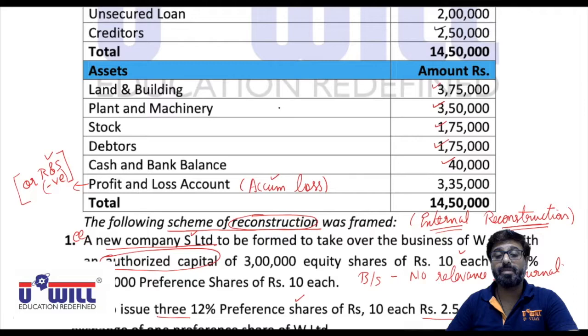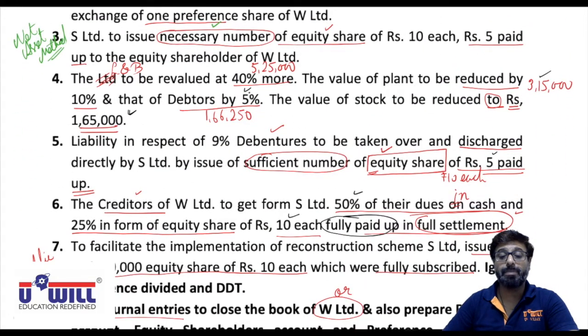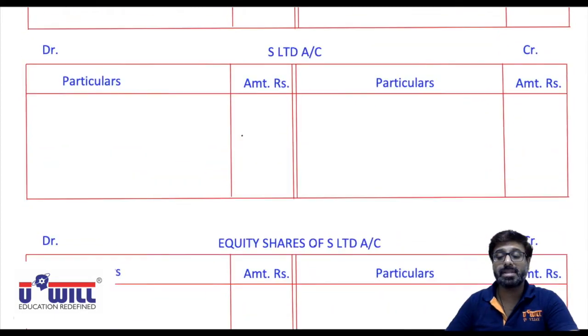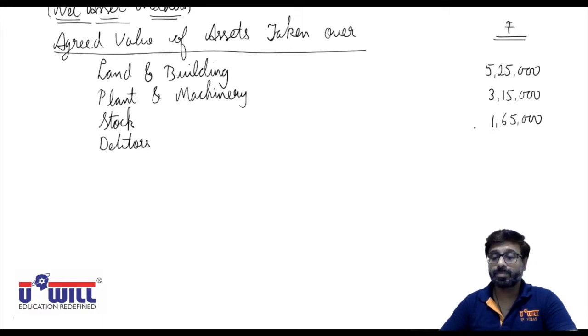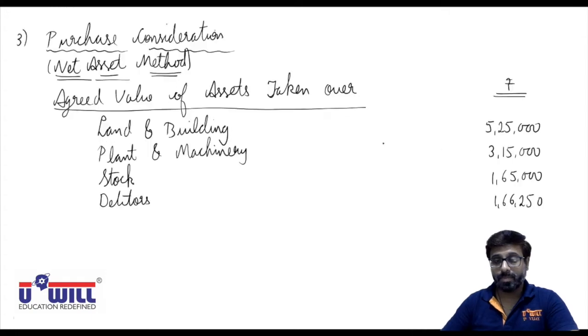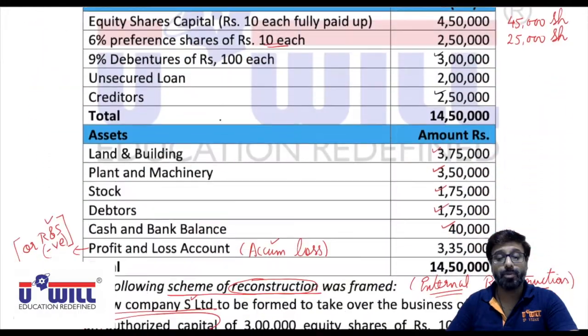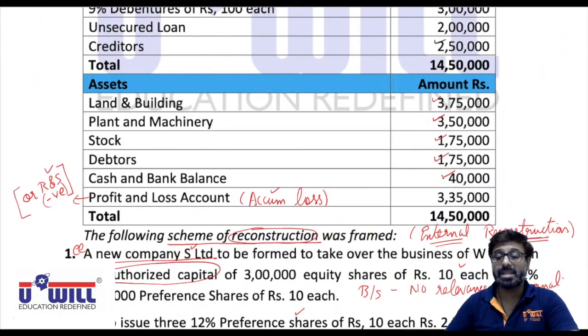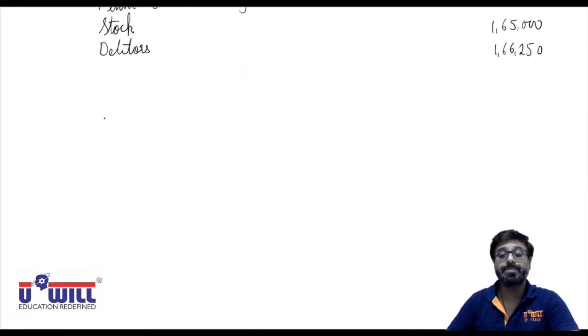Debtors are 1,75,000, but they are reduced by 5%, so 1,66,250. Debtors 1,66,250. Then after debtors we have cash and bank, always at book value. So cash and bank is 40,000. We'll take it as it is.